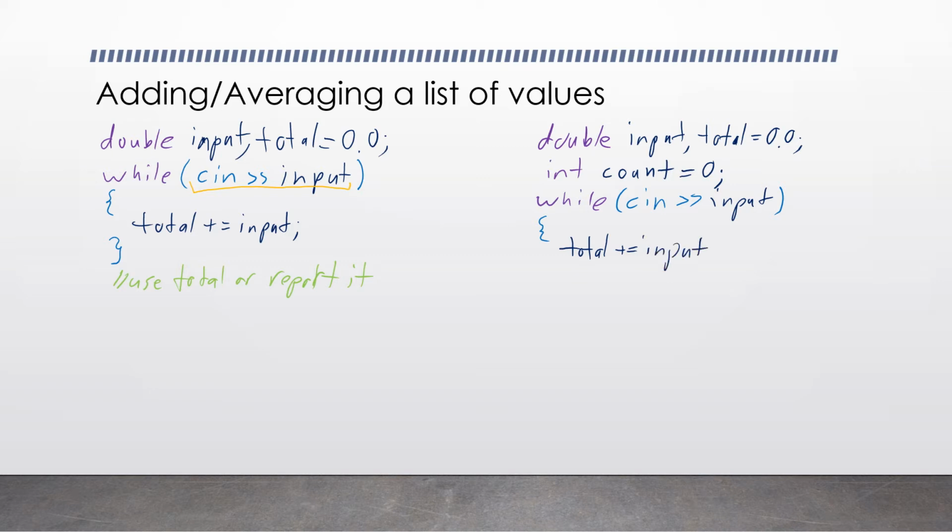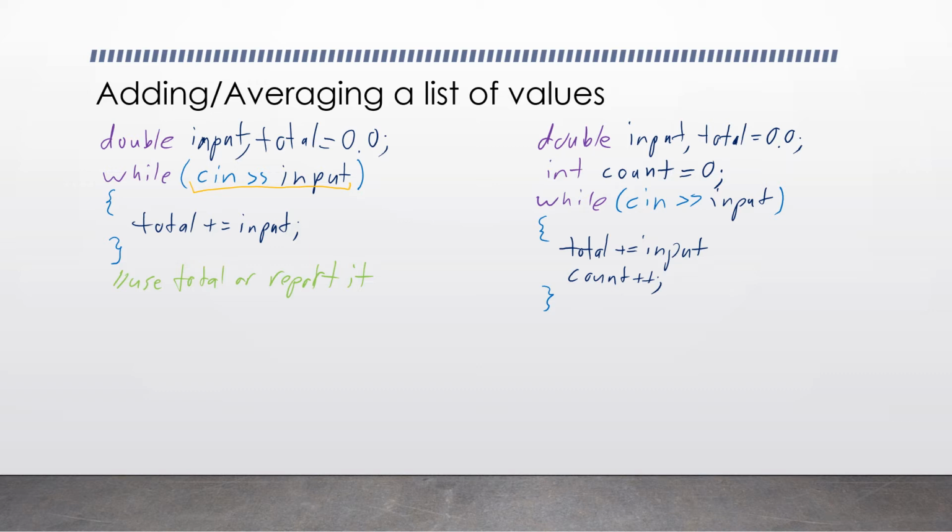That's easy. But then we're also going to count plus plus, and that will keep track of how many times we've been through this loop successfully. So as soon as the user delivers bad input, they hit a blank line or a Q for quit or something like that, we'll get skipped out of this loop, and we'll have counted exactly how many times we've written a valid double.